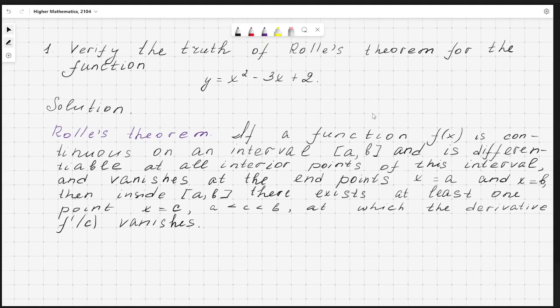Let's see the verify of condition of this theorem.